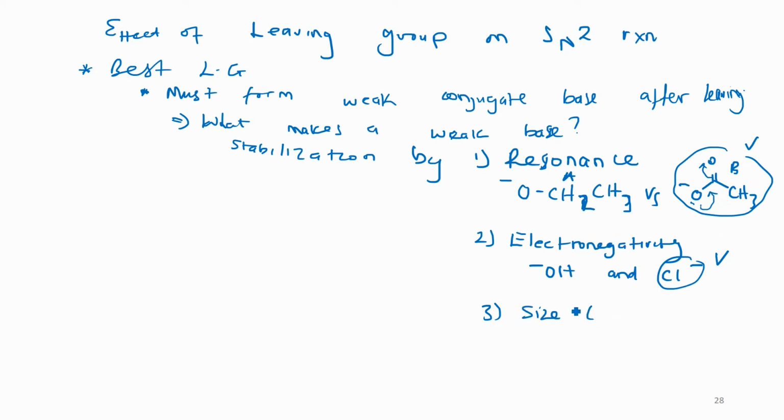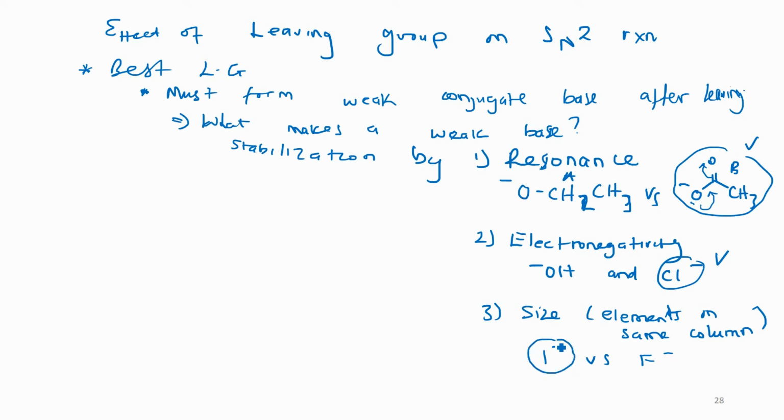The next one is size. Remember, whenever you're looking at size, that is only considered if elements are on the same column. So in this case, I minus versus F minus.